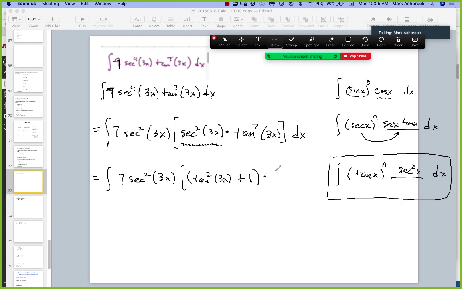And that would be times tangent to the 7th. And now look, I have my tangent to the 7th, and everything's tangent here, so this can distribute now. That secant squared became a sum. So now I can distribute: tangent to the 7th times tangent squared, and tangent to the 7th times 1.